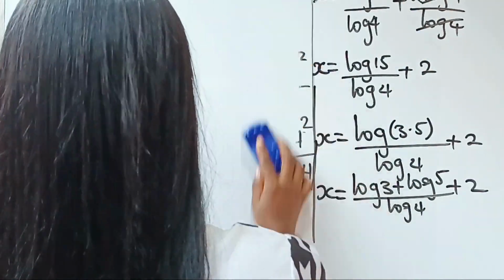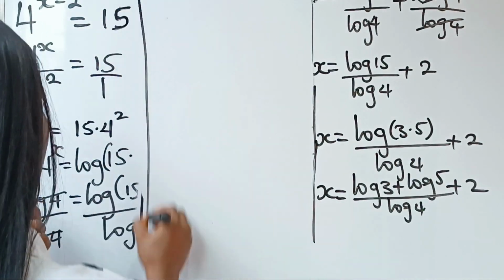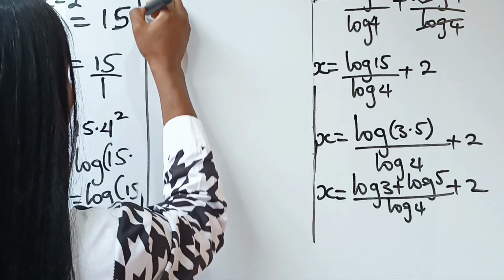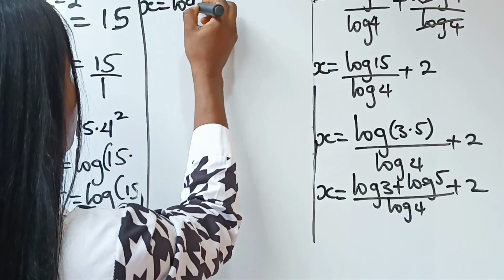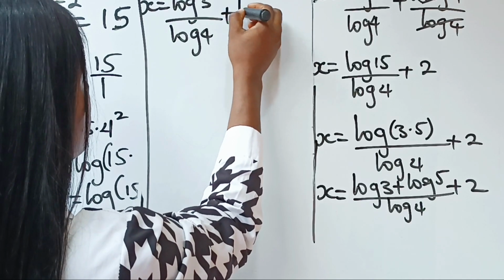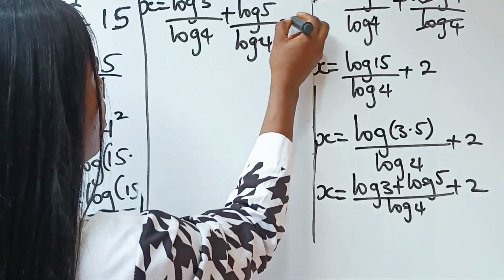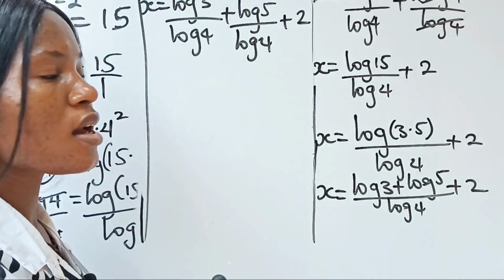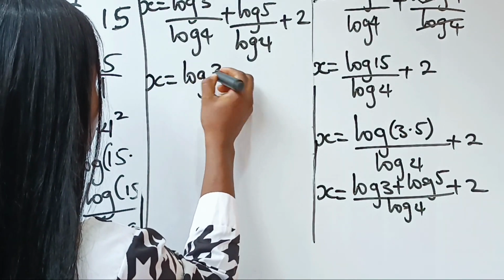Permit me to clean this side of the board. Now we have that x is equal to log 3 divided by log 4 plus log 5 divided by log 4 plus 2.